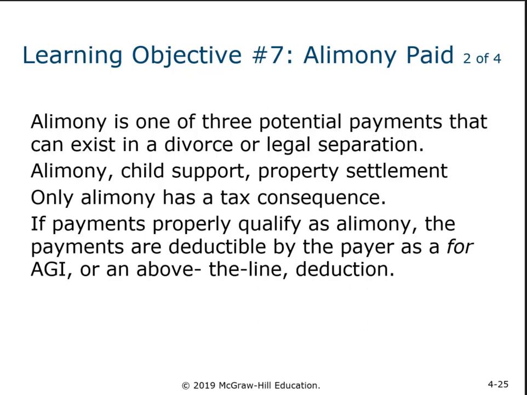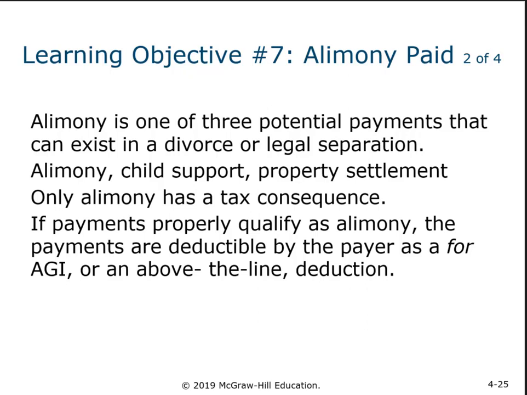First of all, it has to fit the definition of alimony. There are three things that you can pay at a divorce. Typically, you have a property settlement where you divide up the assets. There's an order to pay certain amounts. Alimony is one amount, and child support is another one that could happen.